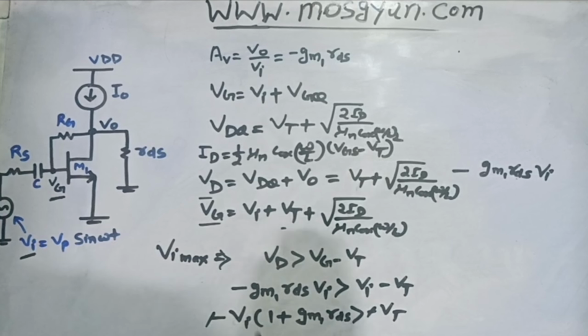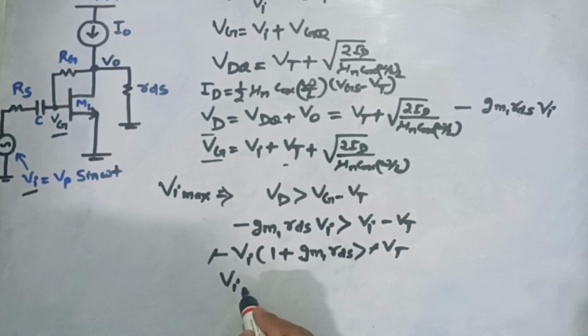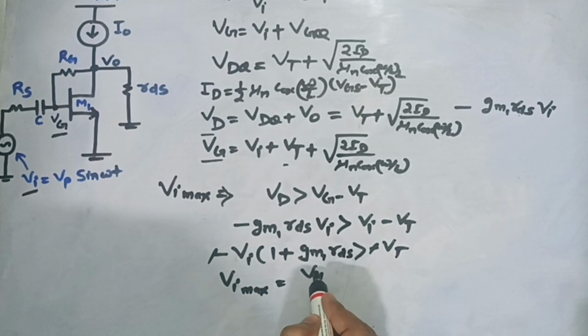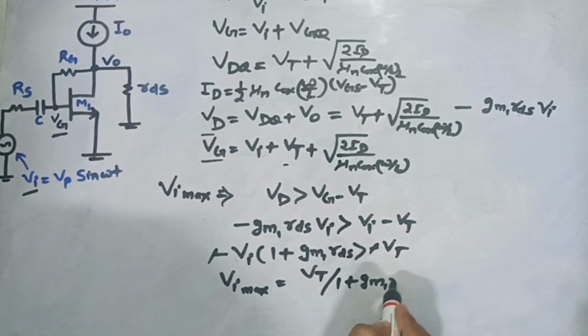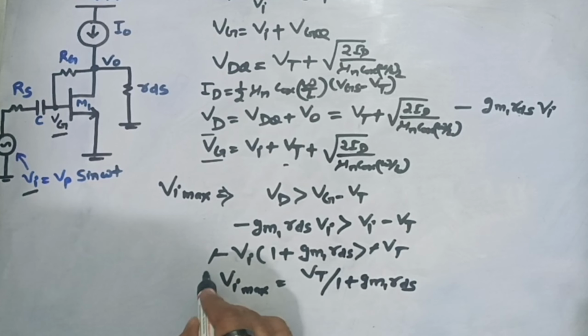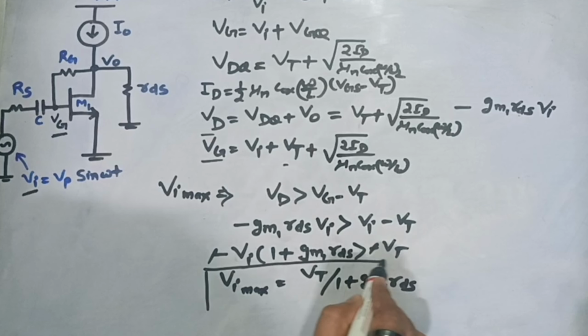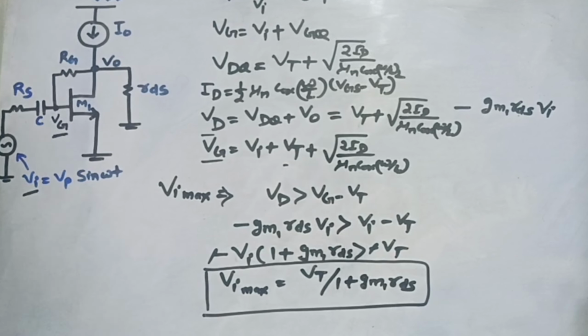Minus minus we can cancel out. So the maximum value, Vi max, would be equal to Vt divided by 1 plus Gm1 into Rds. This is the maximum input value which this amplifier can support if it has to work as intended.